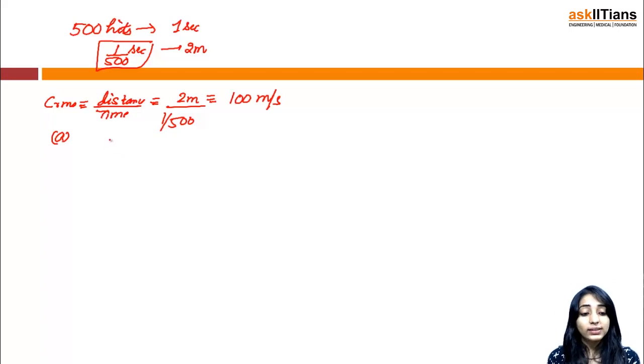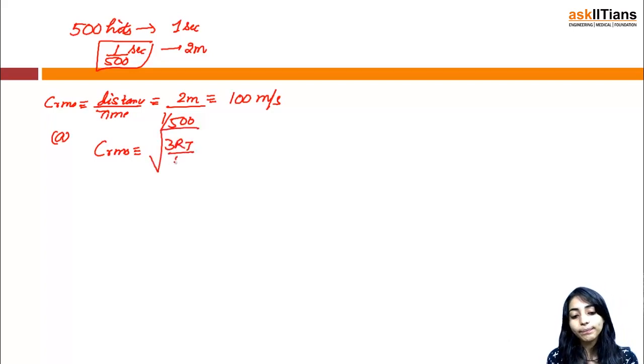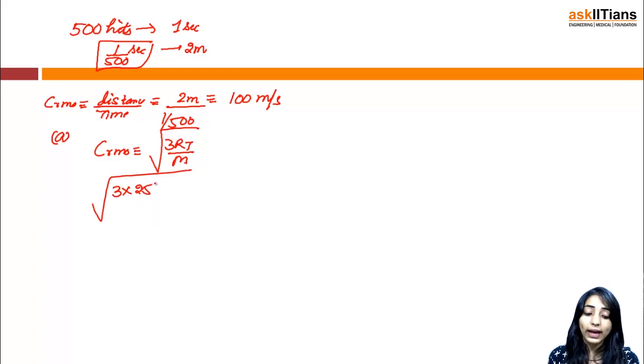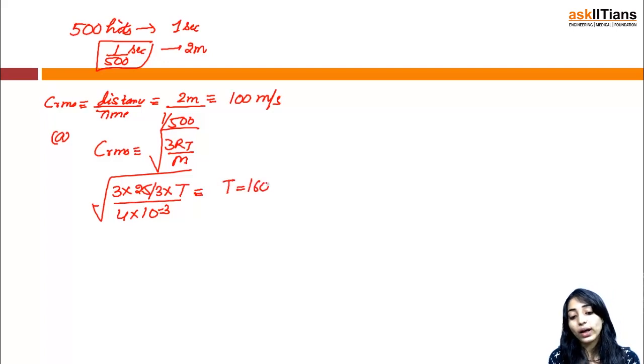Part number 1 says the C RMS. I can also write C RMS is equal to root of 3RT by M. I know the value of C RMS, so I can put it over here and simply say: under root 3, R has been given to me as 25 by 3. I don't know the temperature, so I write T. Mass of helium is given to me as 4 into 10 raised to the minus 3. So if I put down the values, I will get T is equal to 160 Kelvin.